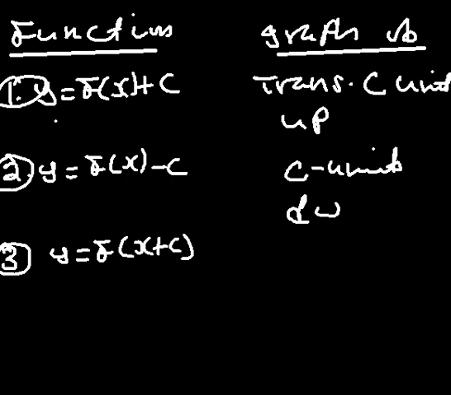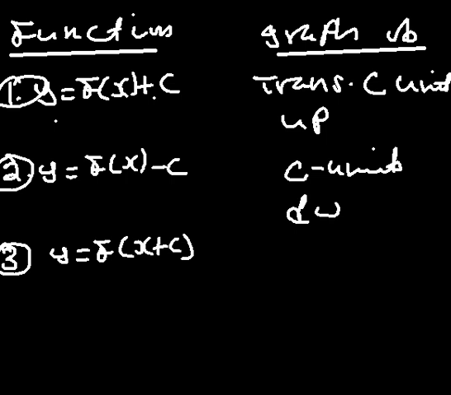Since c is positive, and it works opposite to the positive c along the y-axis, the graph will be translated c units horizontally to the left. That's what will happen.